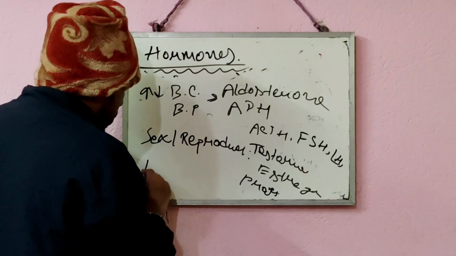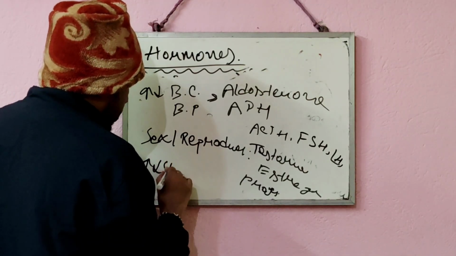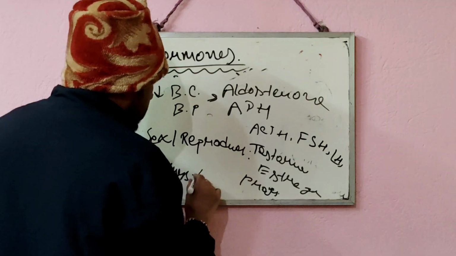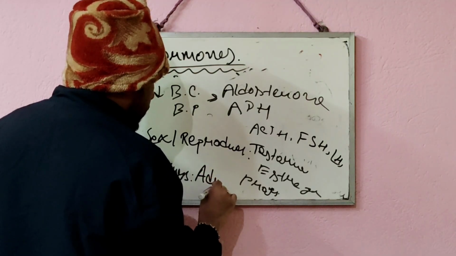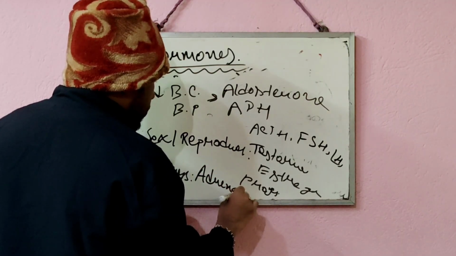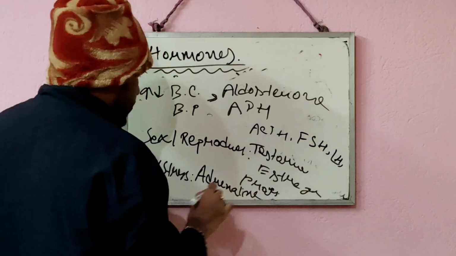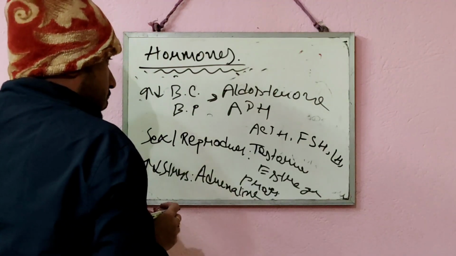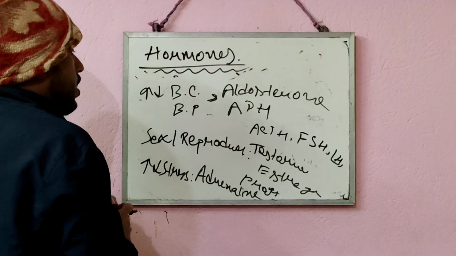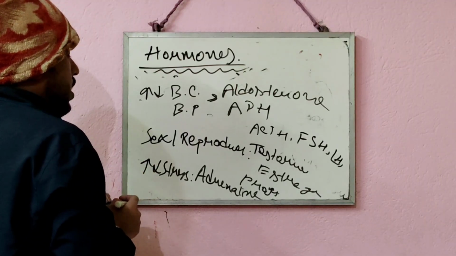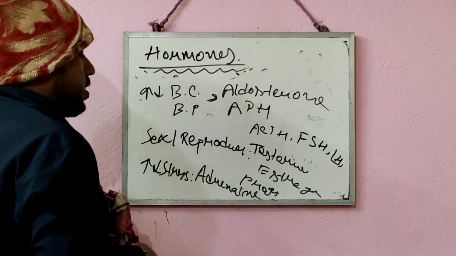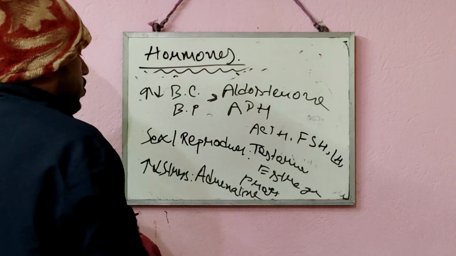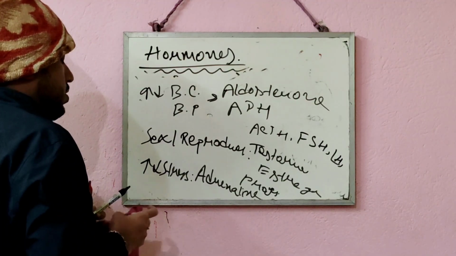They generally control our body. What are examples? That is adrenaline. So other works are controlling blood circulation and blood pressure, for example aldosterone and antidiuretic hormone. Then related to sexual and reproductive function, there are ACTH, FSH, LH, then testosterone, estrogen, progesterone, etc.